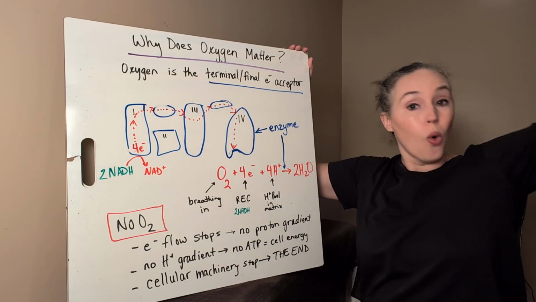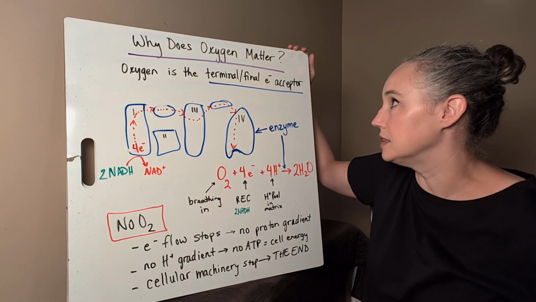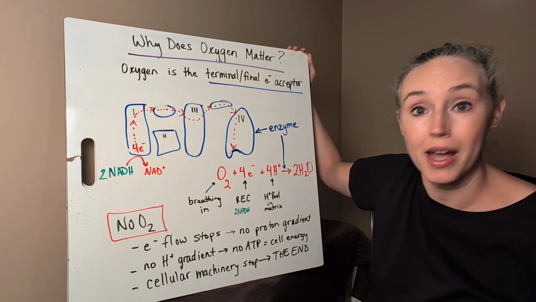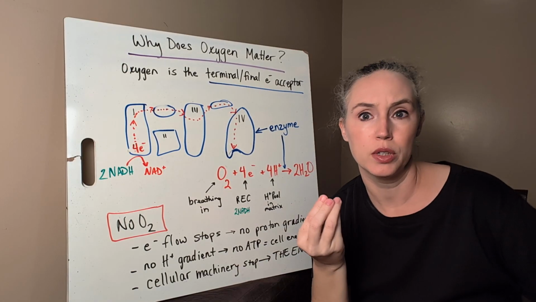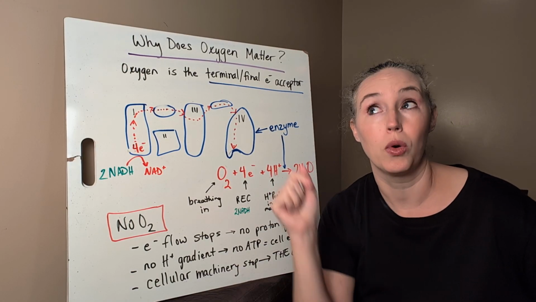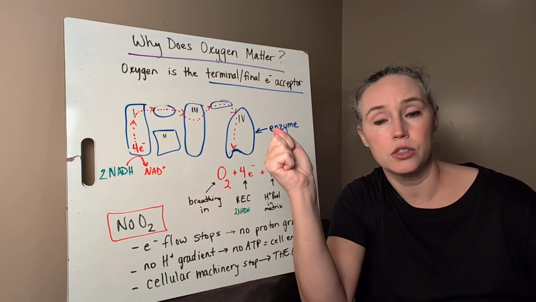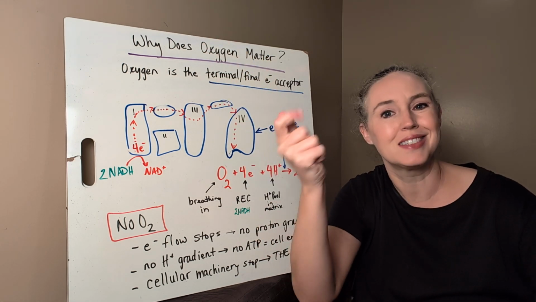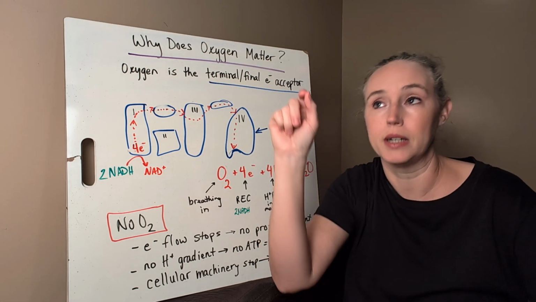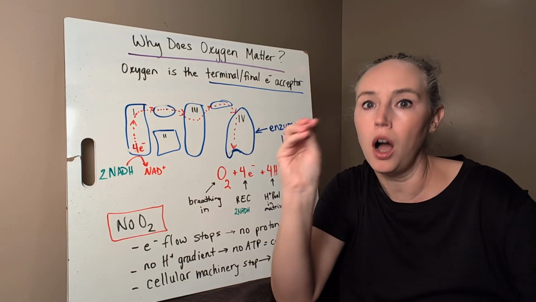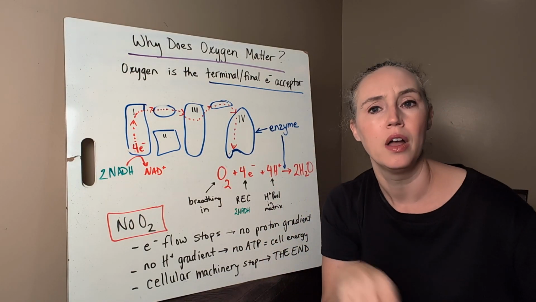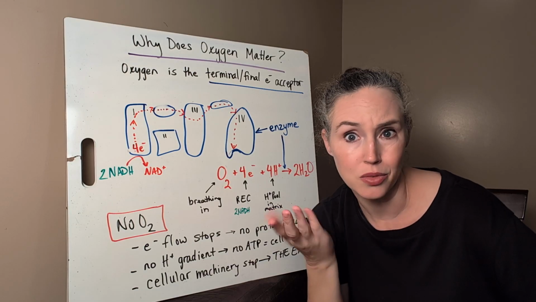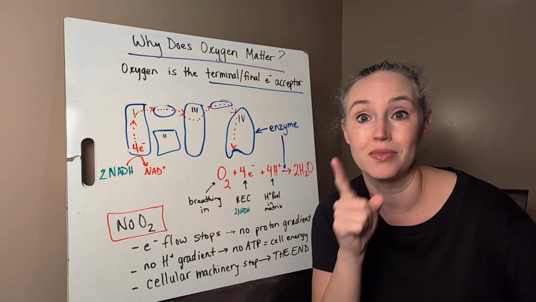All right. Before we get to using our gradient, the equation for cellular respiration, last time I checked, was C6H12O6, glucose, the net at the very end, plus oxygen makes carbon dioxide and water. So what's the point of oxygen? Where does oxygen fit in this picture?